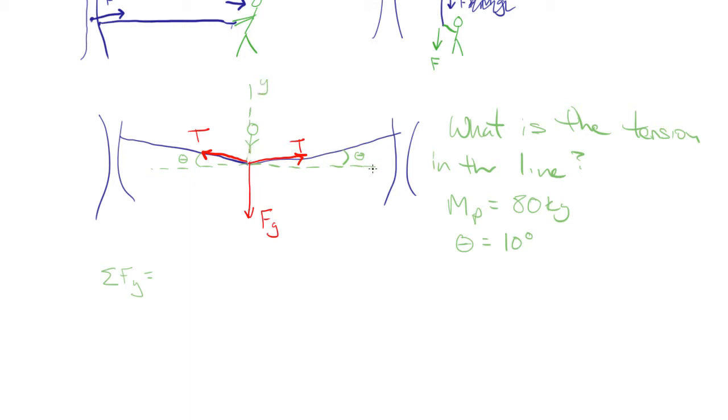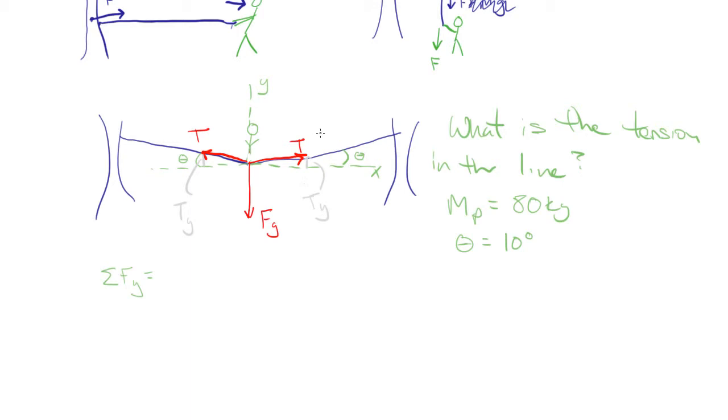This is the x-axis. So in the y direction, I have gravity pointing down and two tensions pointing up. But I need the y component of the tension, which are these little bits here. So this is T sub y. Right there is T sub y.